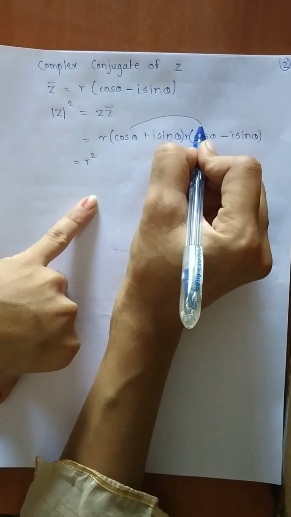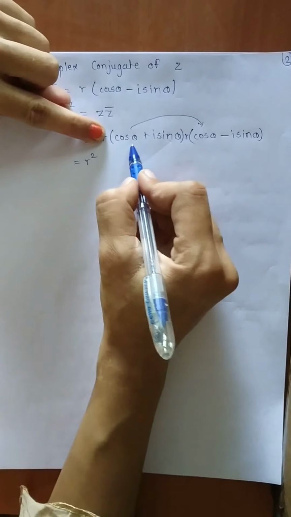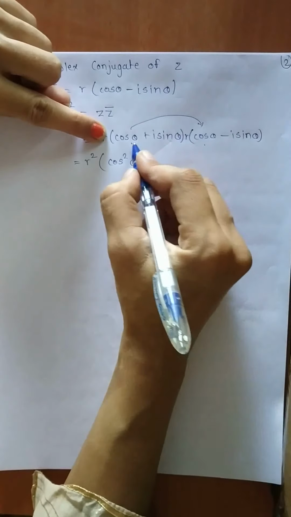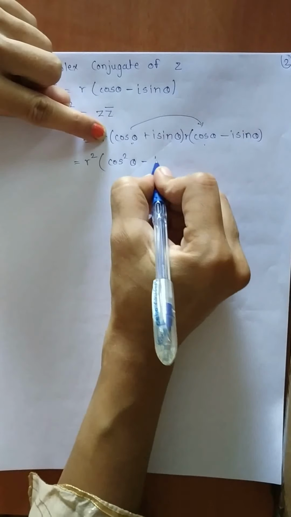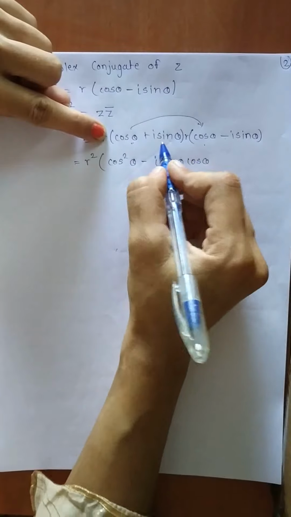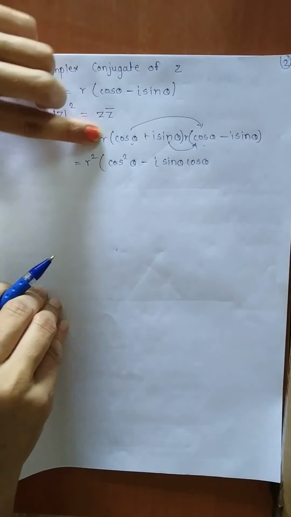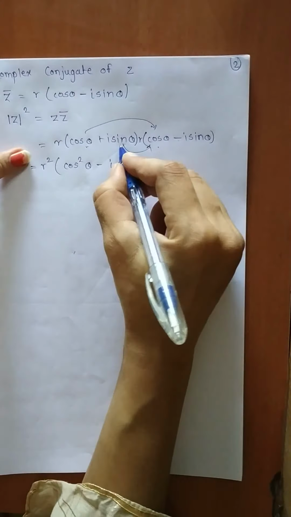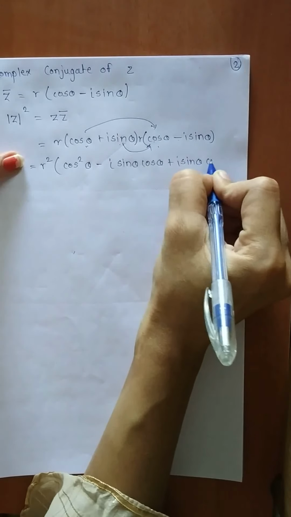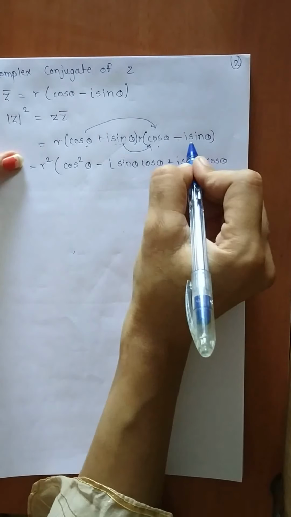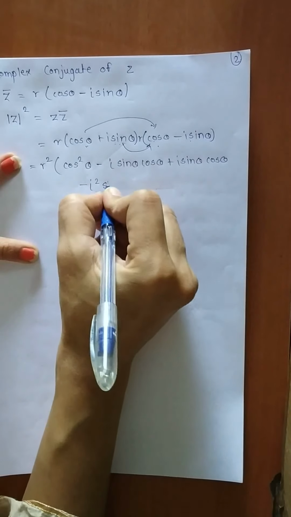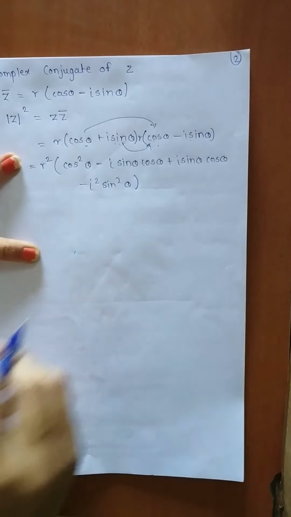First I multiply by cos theta: cos theta into cos theta gives cos square theta. Then minus i sin theta cos theta; first I am writing sin. Now I multiply by i sin theta, so I get i sin theta cos theta, and then i into minus i, that is minus i square, sin into sin gives sin square theta.